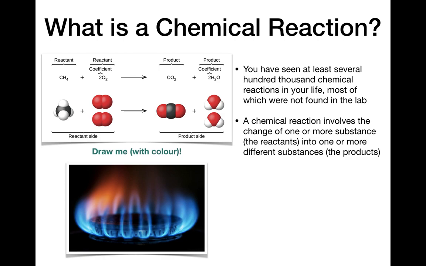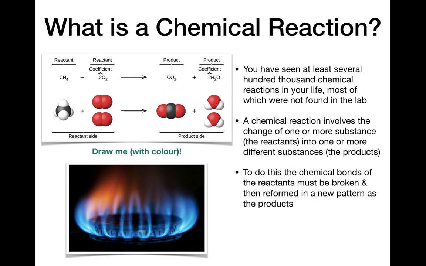is the change of one or more substances, which are called the reactants, into one or more different substances, which are products. So my reactants in this reaction are methane gas and oxygen, and my products are carbon dioxide and water. To do this, all those chemical bonds you're learning about, you have to break the bonds in the reactants, and then make new bonds in the products.